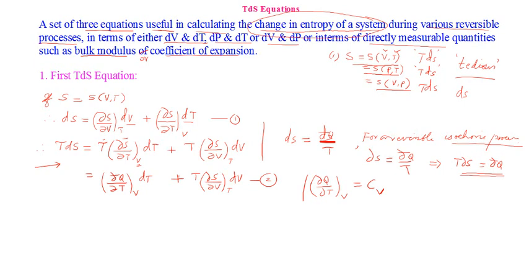So what I will do is rewrite this term as CV. This is CV, so that is CV dt. The first term is modified. Now the second term.